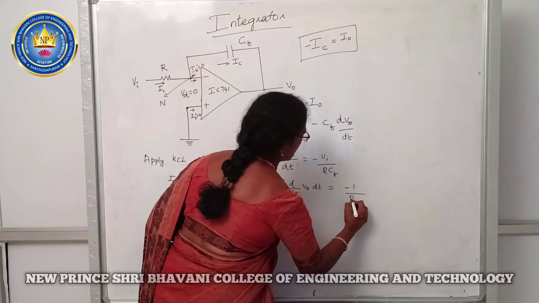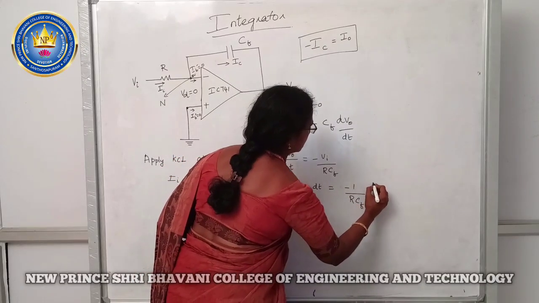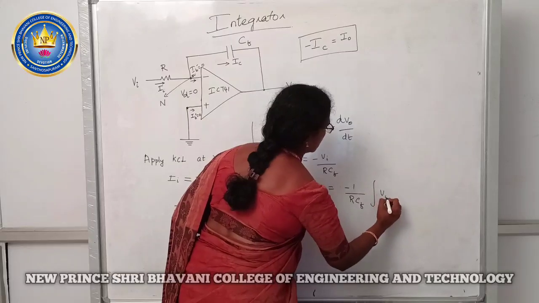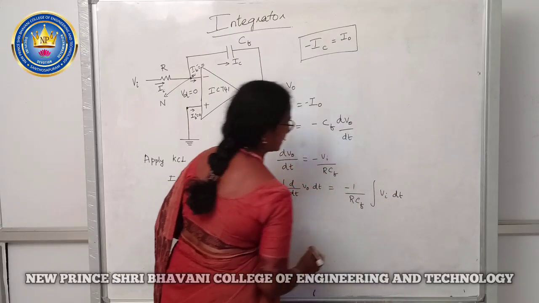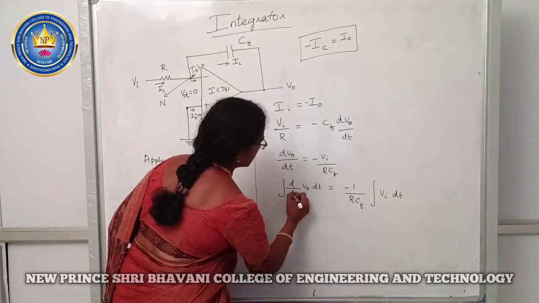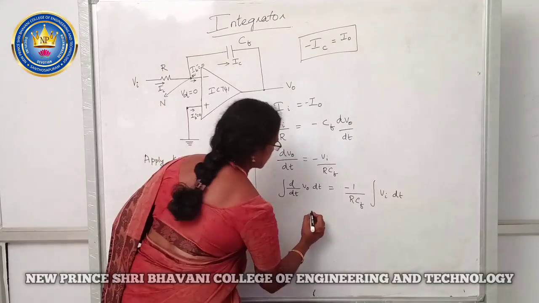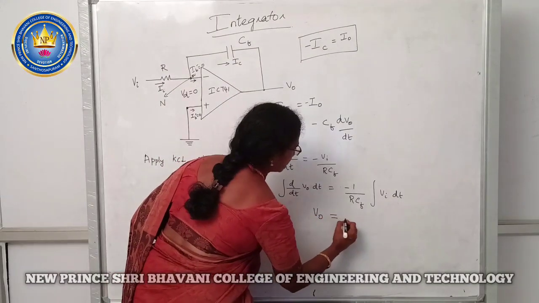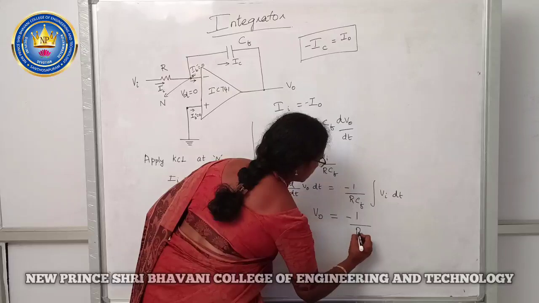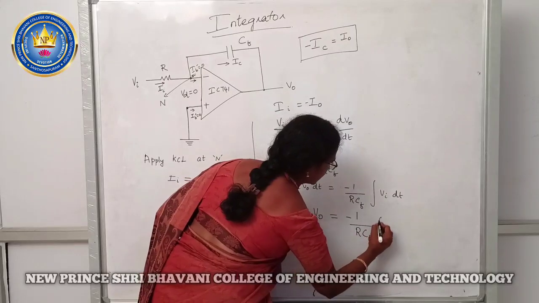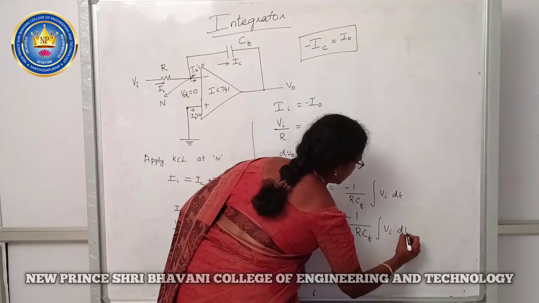This minus 1 by R CF is a constant value, only this VI will be integrated. Now, this integration and differentiation will get cancelled out, and V0 will be equal to minus 1 by R CF integral of VI dt.